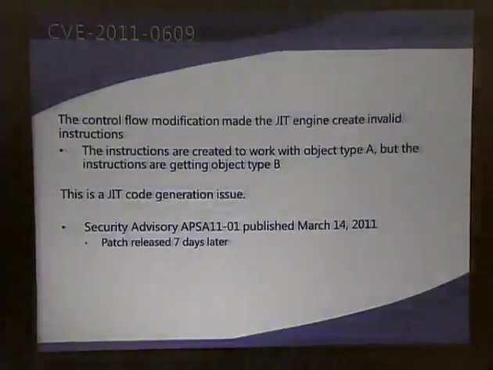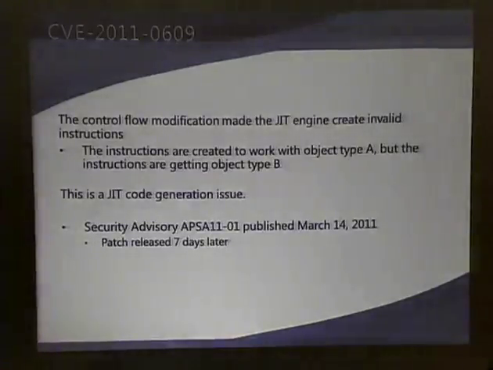Before that, we need to understand what CVE-2011-0609 looks like. The purpose of showing these vulnerability details is not to make you understand what it is, because these details are very complicated. I don't expect you to get it in 10 minutes or so. I'm just showing this to make you realize how complicated it is to understand and debug these kinds of vulnerabilities.